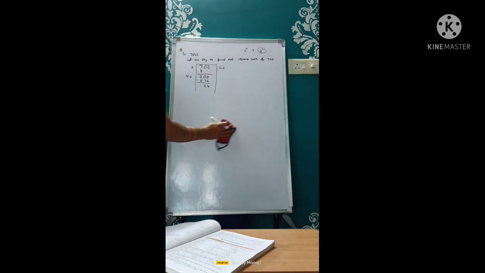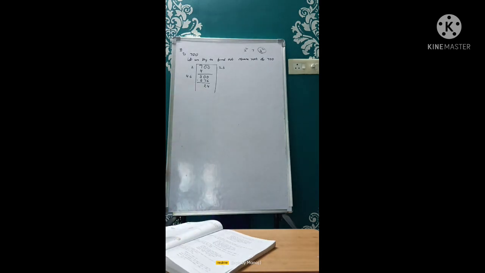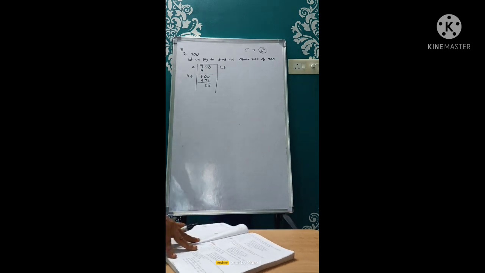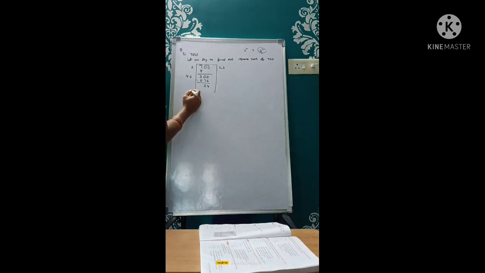So find the least number which must be subtracted from each of the following. The least number is 24, we can subtract. Okay, so write down here.